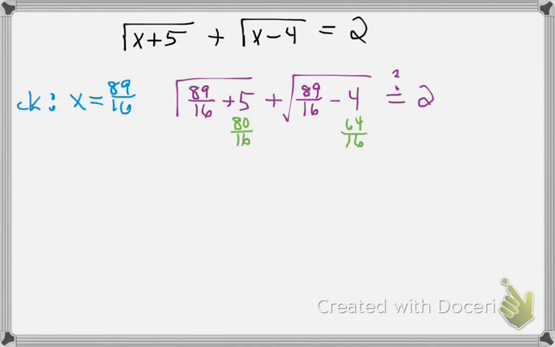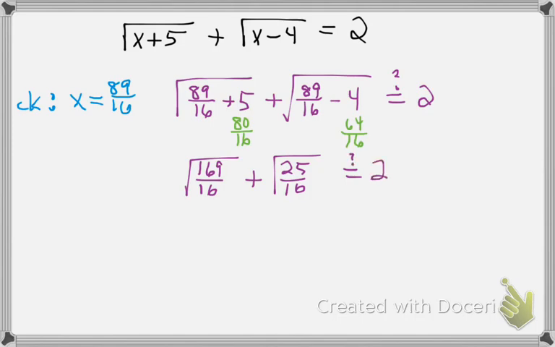So what is 89 sixteenths plus 80 sixteenths? 169 over 16. Go ahead and write it down. And 89 sixteenths minus 64 sixteenths, that's going to be 25 sixteenths under that radical.